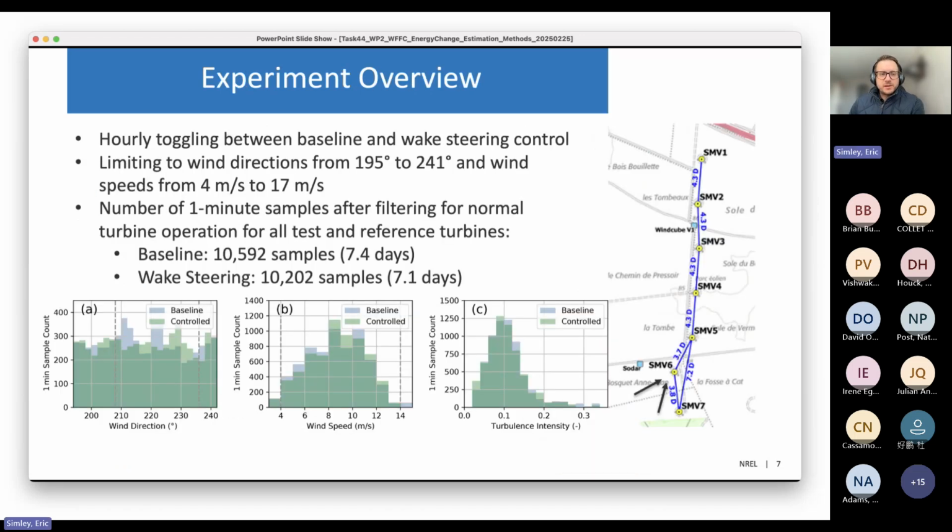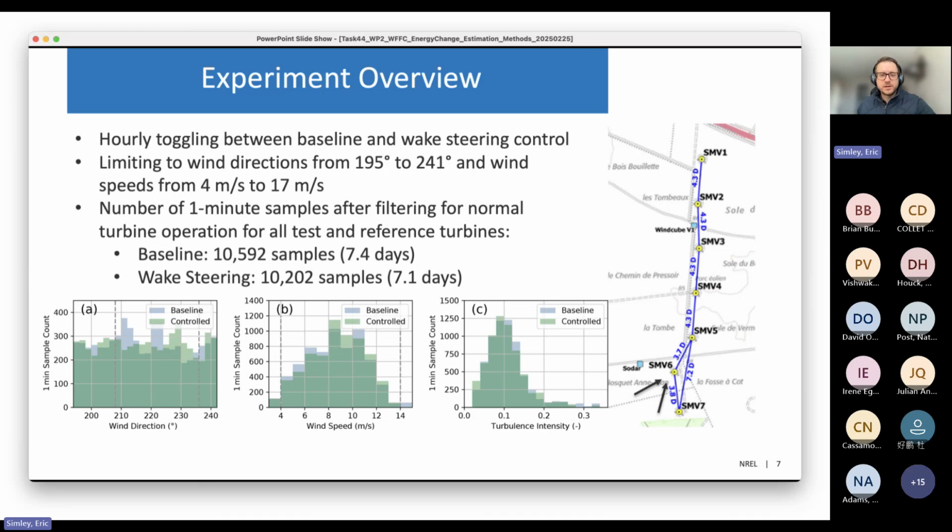During the experiment, the controller toggled hourly between baseline and wake steering control, and we focused on wind directions from 195 to 241 degrees and wind speeds from 4 meters per second to 17 meters per second. Then we resampled the data to 1 minute averages of our power and wind speed, the variables we were interested in, and filtered for normal operation for all the reference and test turbines.